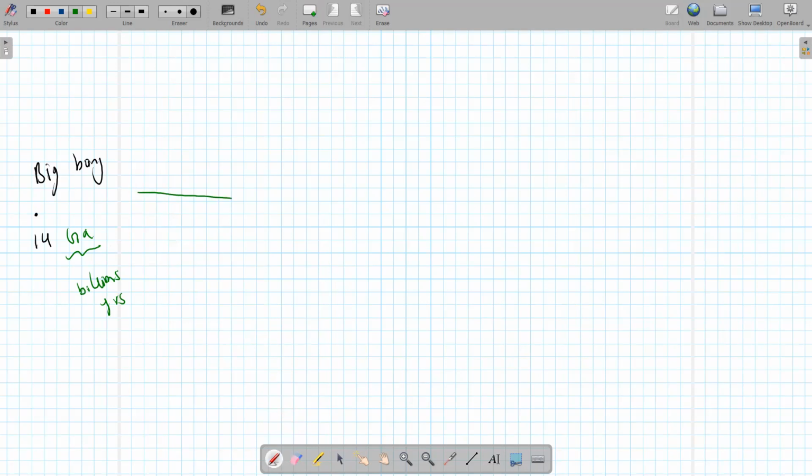Earth is about 4 billion years old. The first life forms, like bacteria, appeared about 500 million years ago.